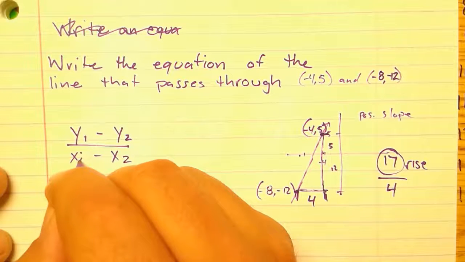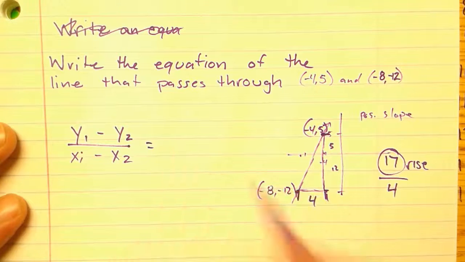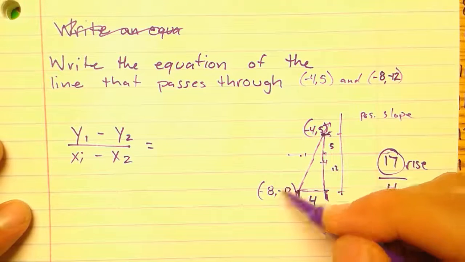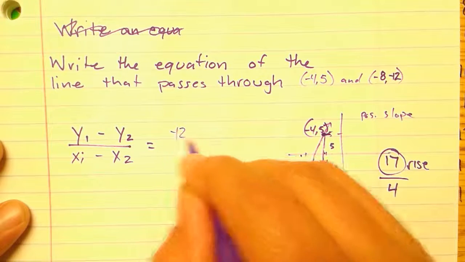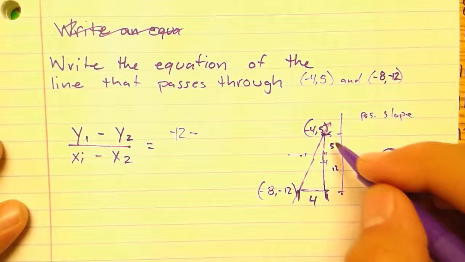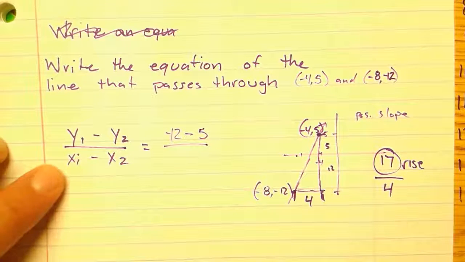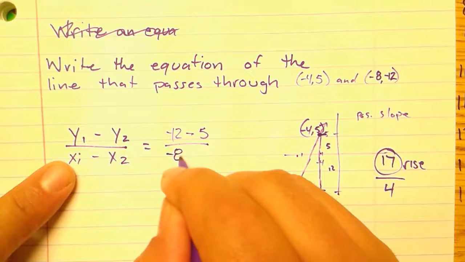Whoa, Mr. Barajas, relax. I don't know what you're talking about here. I need some help. Well, my first y, it doesn't matter which one's your first y. So I'll start off with this one. -12 minus 5 over x1 -8 minus x2 -4.